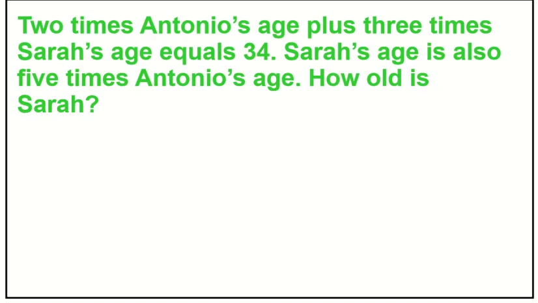All right, let's try another one then. 2 times Antonio's age plus 3 times Sarah's age equals 34. Sarah's age is also 5 times Antonio's age. How old is Sarah?